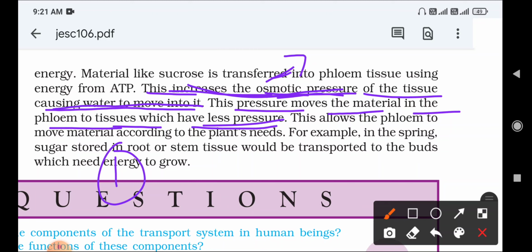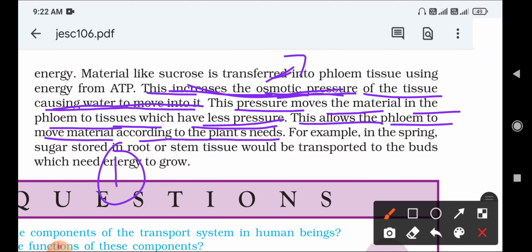Particles always move from the higher region to the lower region only. This allows the phloem to move material according to the plant's needs. By osmotic pressure, whenever the plant needs, at that time they will transport their energy.